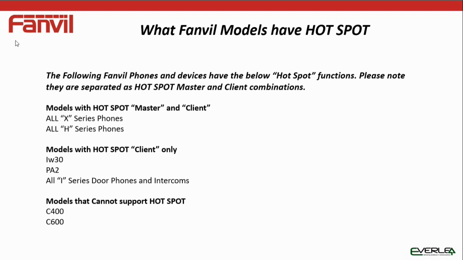The IW30 paging speaker and ring alerter can also be used as a client, as well as the PA2 paging and voice over IP phone module adapter. Look out for the next presentation we're doing, which is on the PA2, just to show you how to use that a lot better. The only models of the current Fanvil phones that you can't use hotspot on are the C400 and the C600.